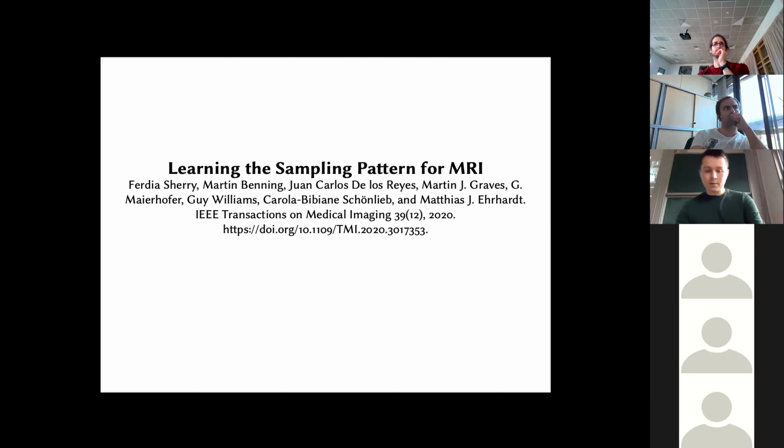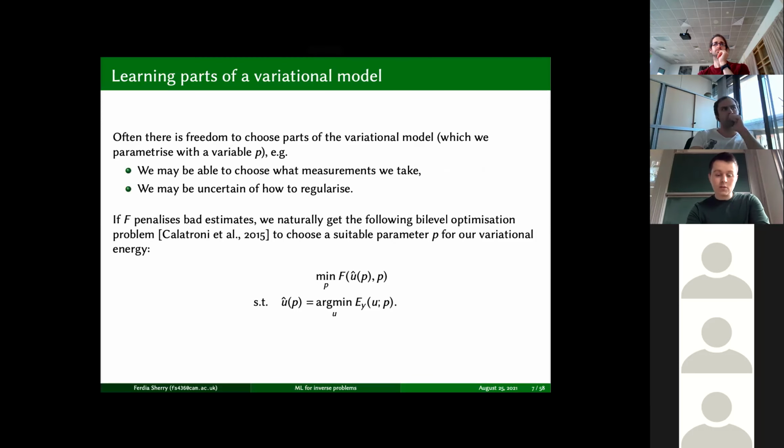Like I said, there might be various free parameters of this variational regularization approach. Looking forward in MRI, we might have some freedom in what measurements we actually want to take. Also, generally, we don't know the optimal regularization parameter.